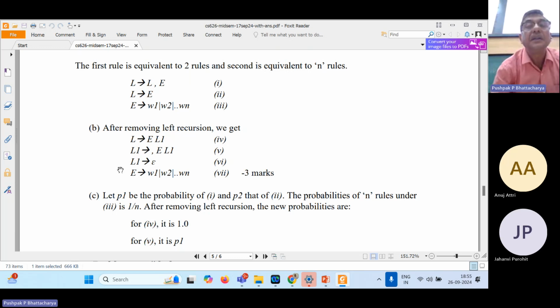If P1 is the probability of the first rule here and P2 the second rule, then in the expanded set of rules, which removes left recursion, the first rule must be 1.0 probability because the production begins with the first rule. Then simply transfer P1 to L1 goes to comma E L1, and P2 to L1 goes to epsilon. And E going to different words, the probability remains the same.